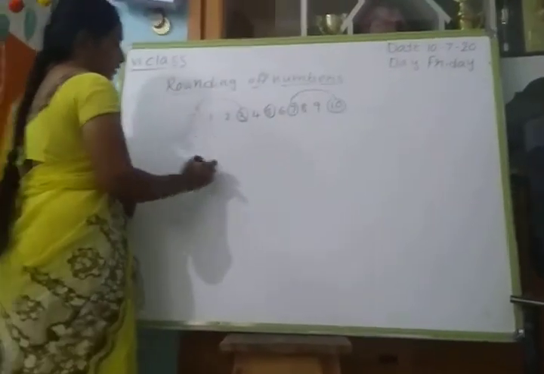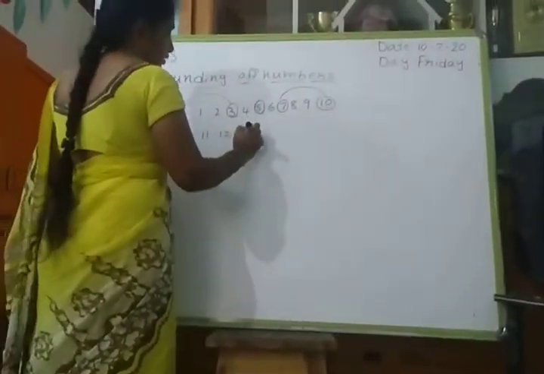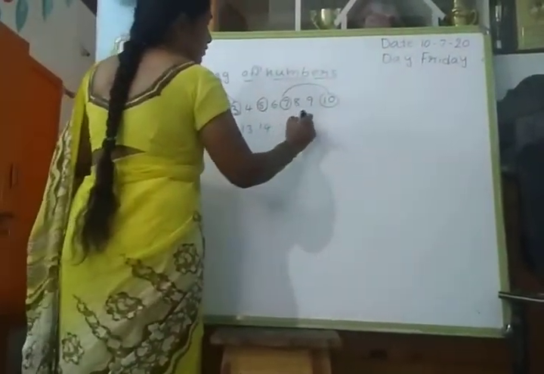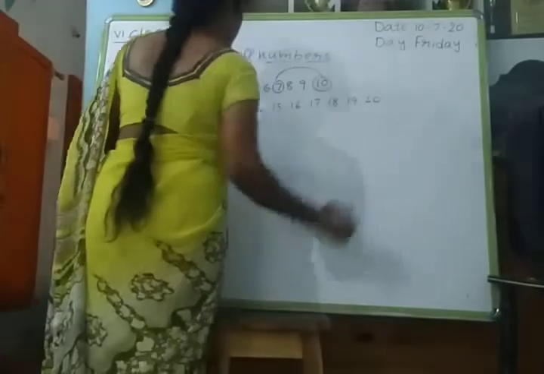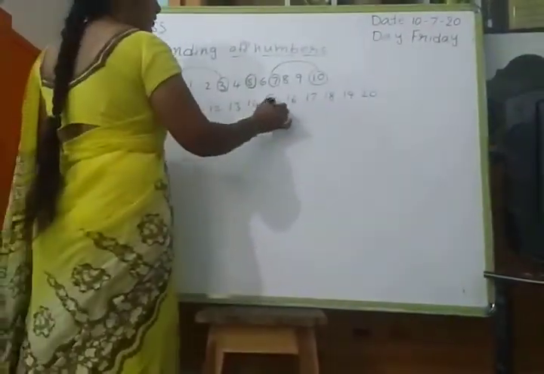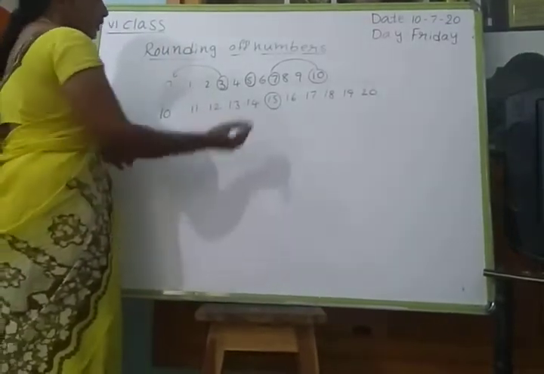If you take 10, 11, 12, 13, 14, 15, 16, 17, 18, 19, 20. Here 15 is exactly the middle value.